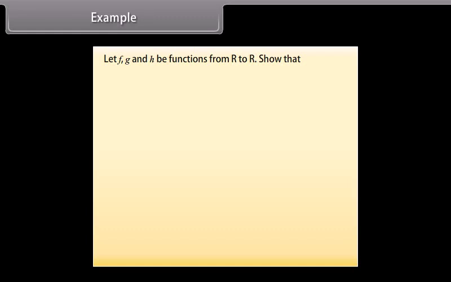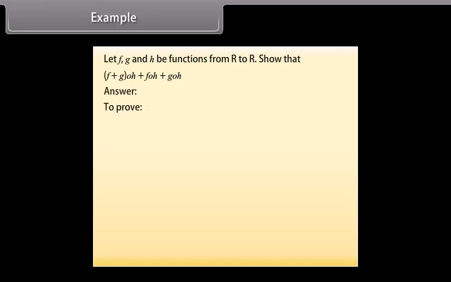Example. Let f, g and h be functions from R to R. Show that f plus g of h is equal to f of h plus g of h. Answer.